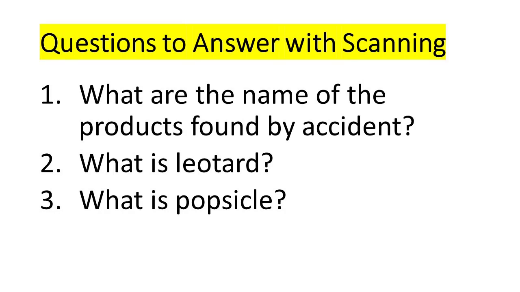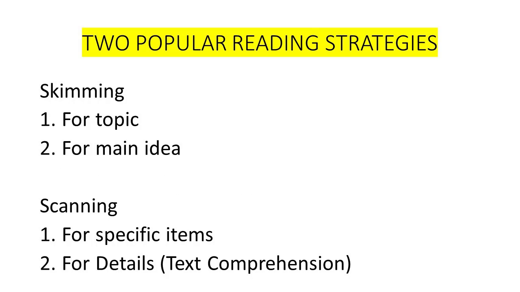I guess these must also be specific things in the text, but they are not specific items. This is more detail. Specific is almost the same as detail, but I try to differentiate here. Specific item means the name: what is the name of the products, or what year, or where is the place?